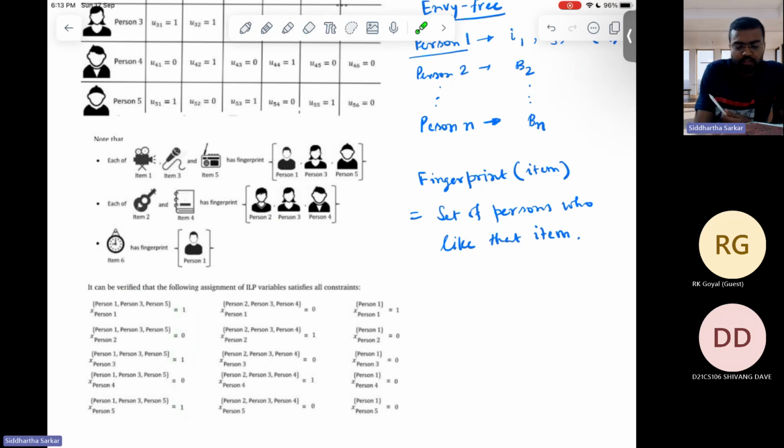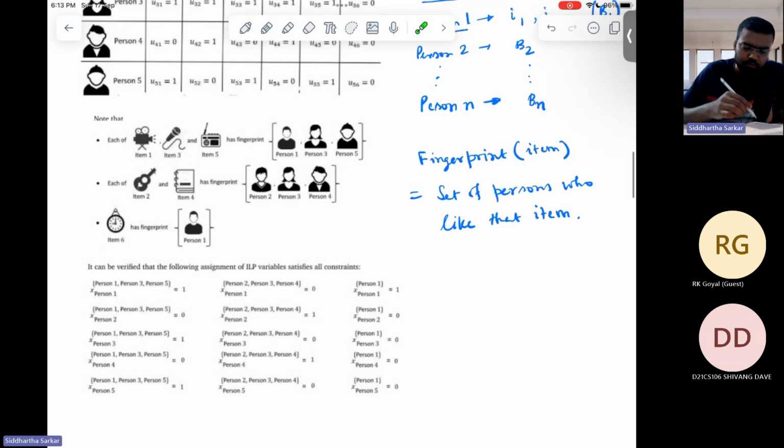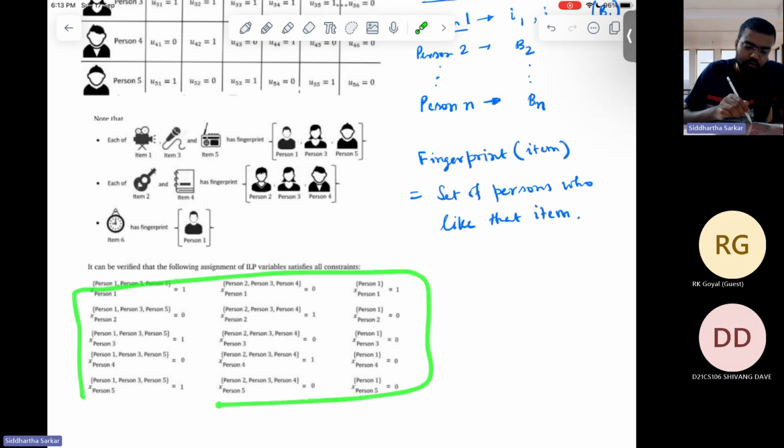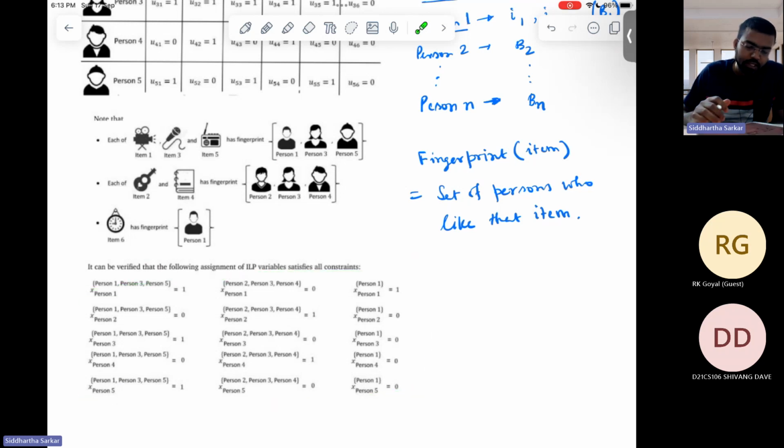So what these variables mean, before we understand what these variables mean, we have to formulate the LP. So let us now just count the number of variables, because in the next question we will formulate the LP. Then it will be easier to look at the constraints and understand the full LP.